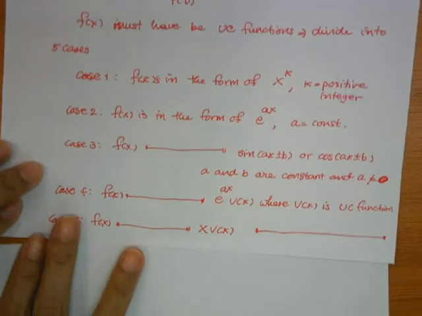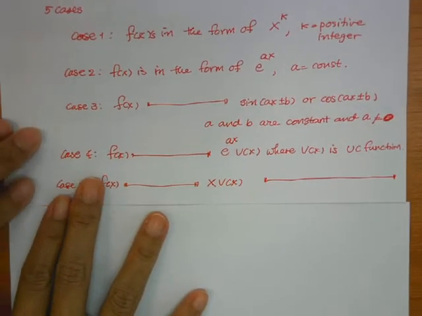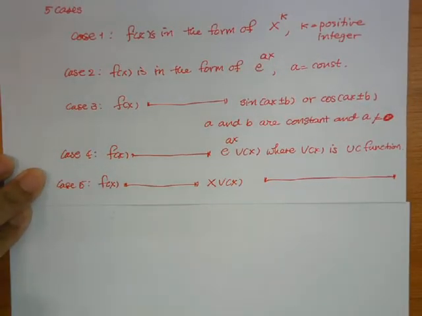Now, let's take a look at our case 1. Each case will have a different method to find yp. So if you figure out that your function matches any case in here, just use that technique to find a solution.